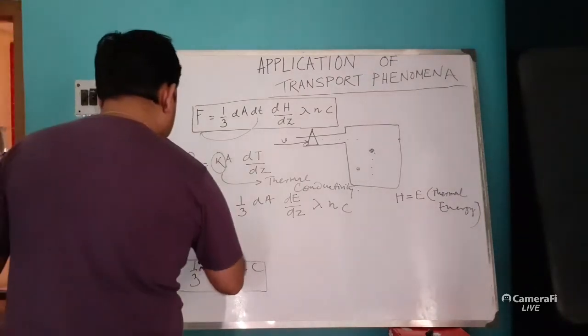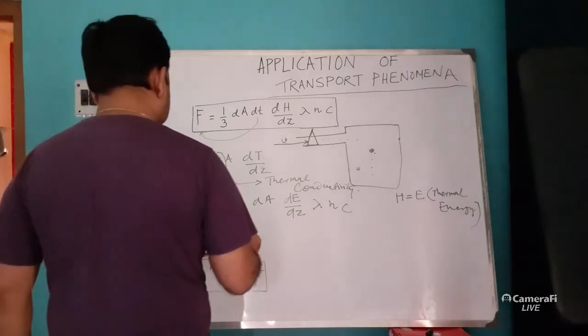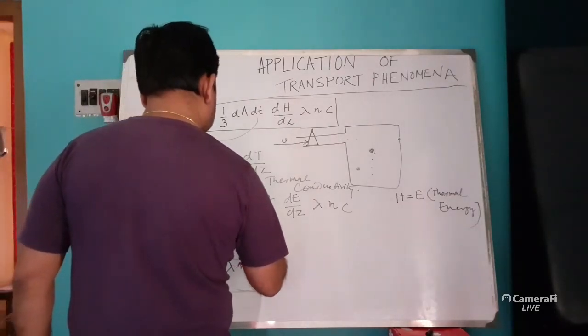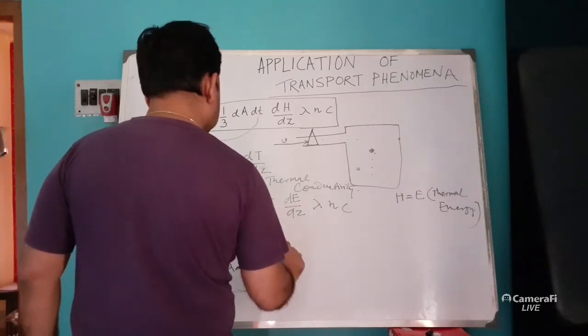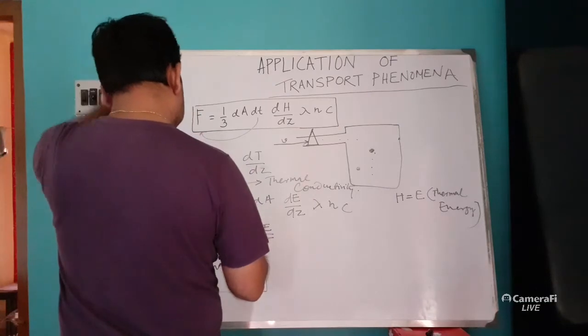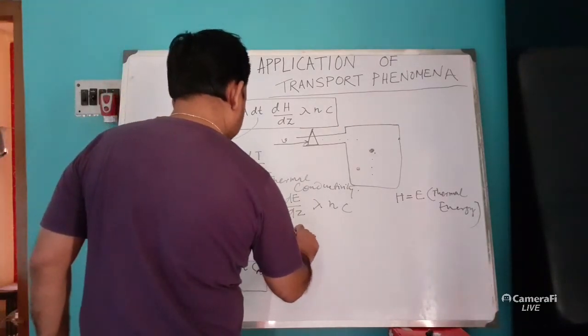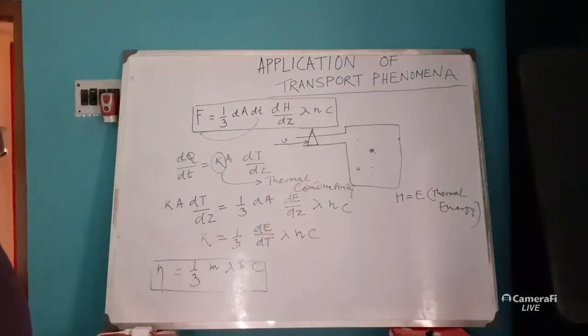So we can write the value of K as 1/3 dE by dT lambda n C.